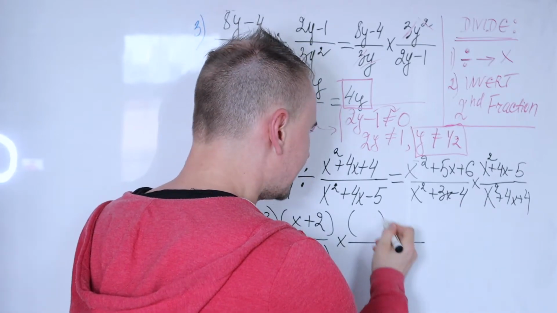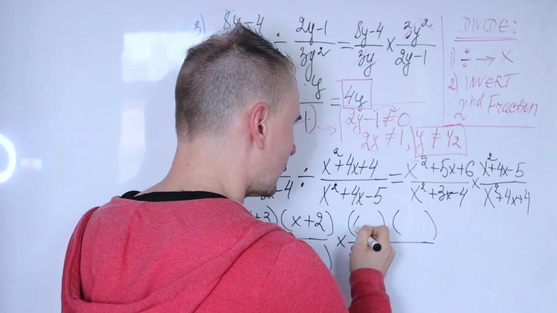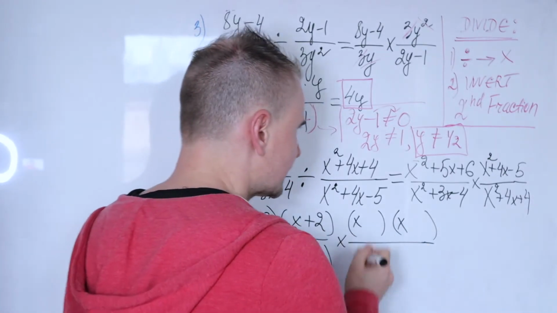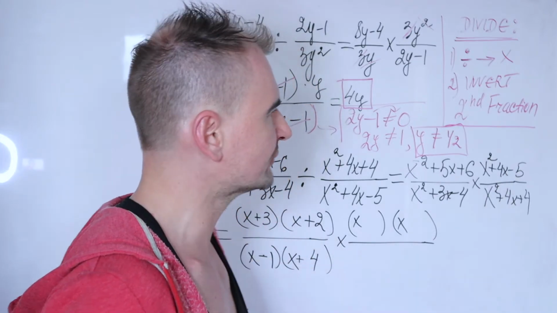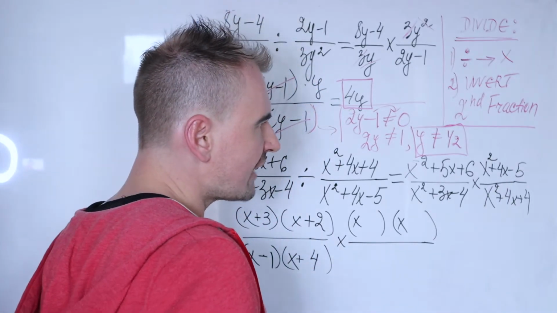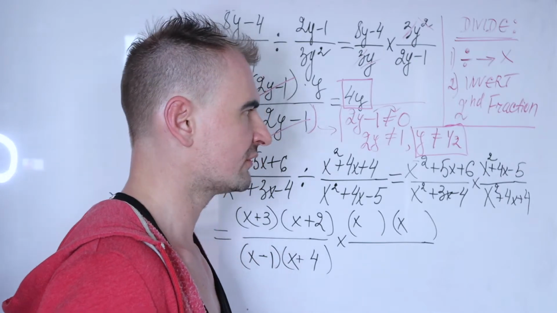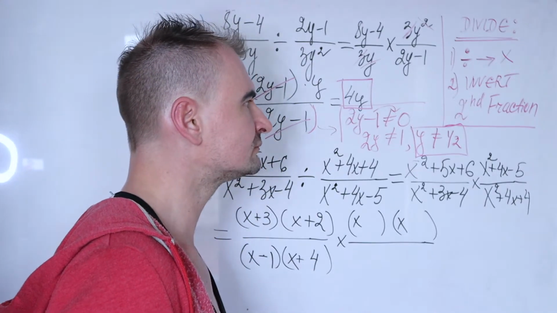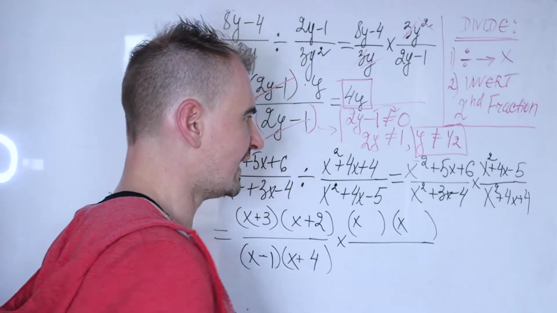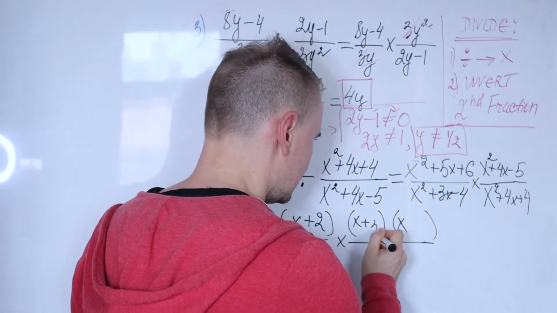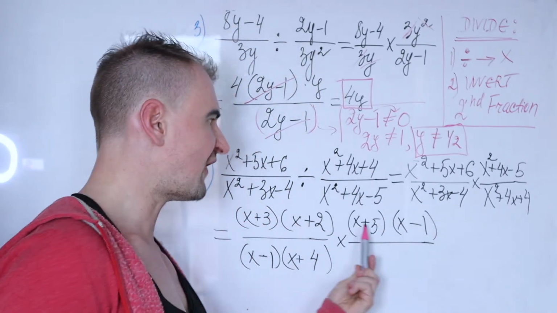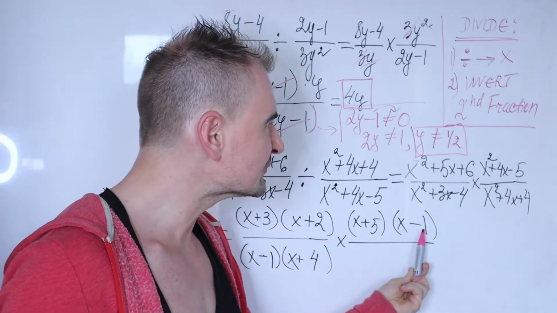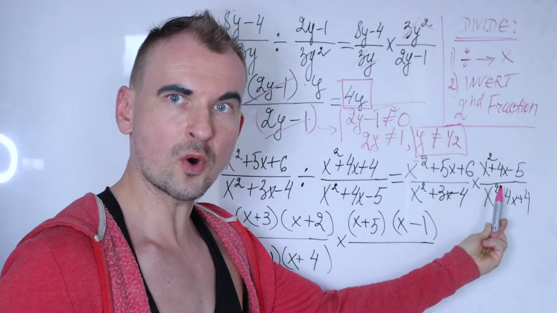So for the top polynomial, the same idea applies here. The product of these two numbers gets to -5, and their sum is 4. So basically they are going to be 5 and -1, since 5 times -1 gives you -5, and 5 minus 1 gives you 4.